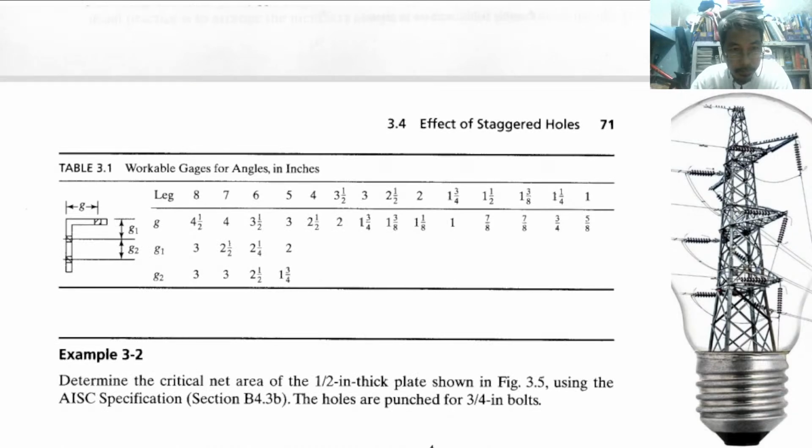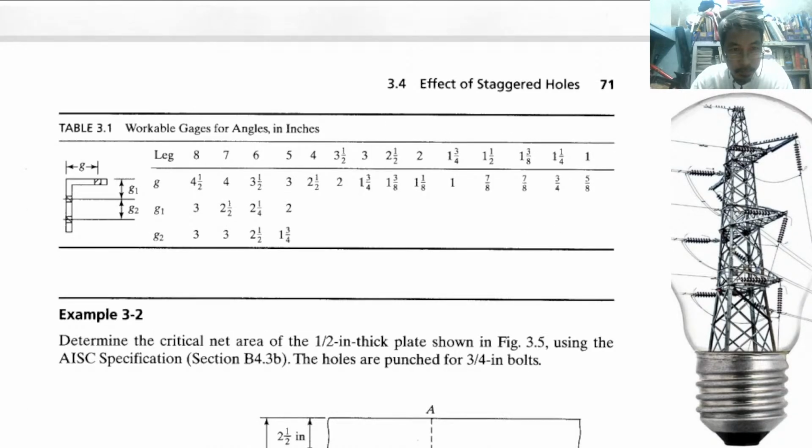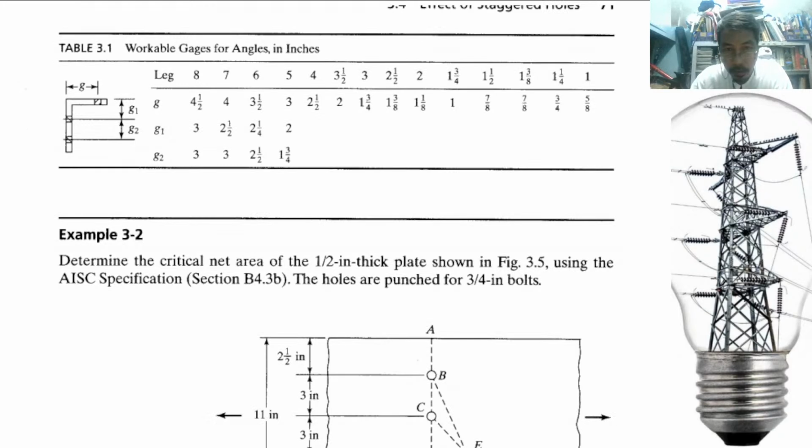Okay. So workable gauges for angles. These are the suggested dimensions for the gauges. Gauges meaning the what? The distance of hole to hole.